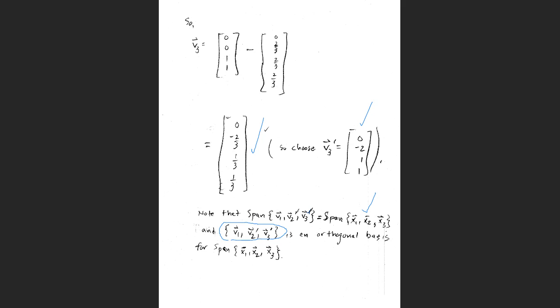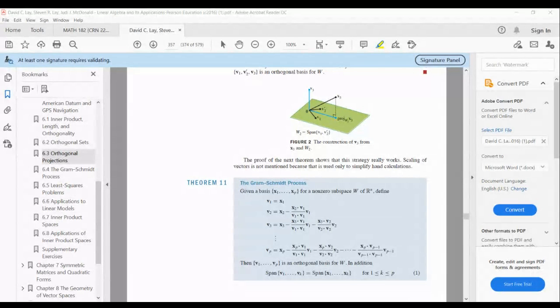That being said, let me go ahead and bring up the textbook, if that's all right. This is the Gram-Schmidt process that we just went through, and we did it where we had a set of three vectors.